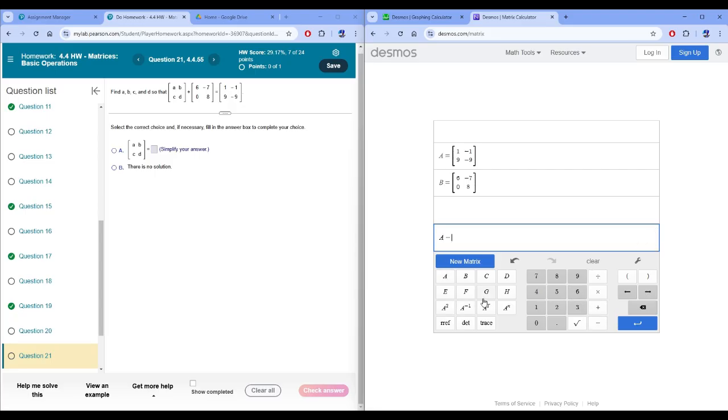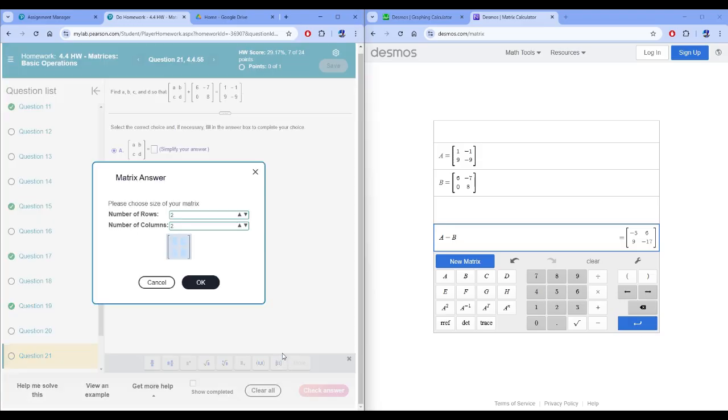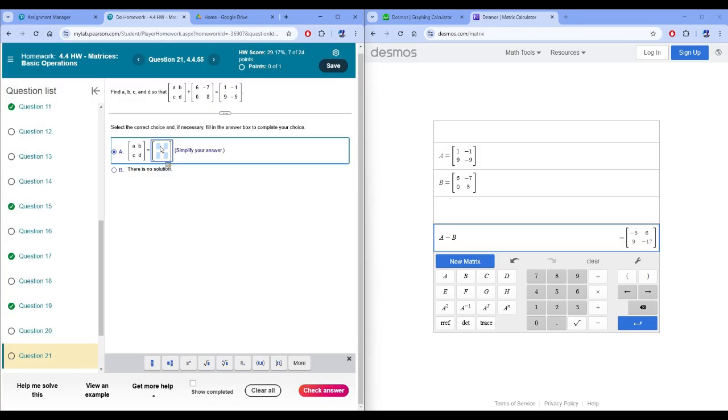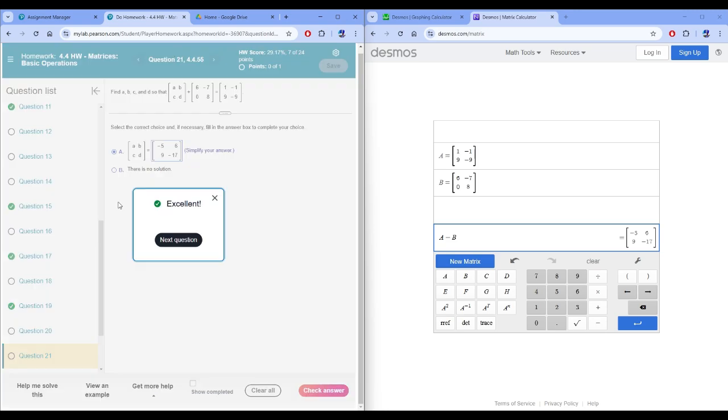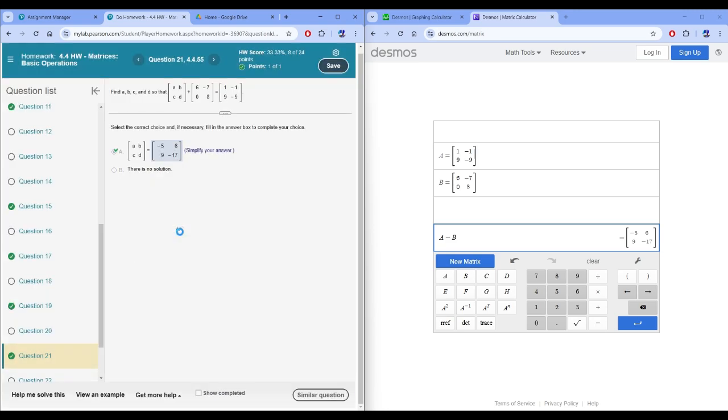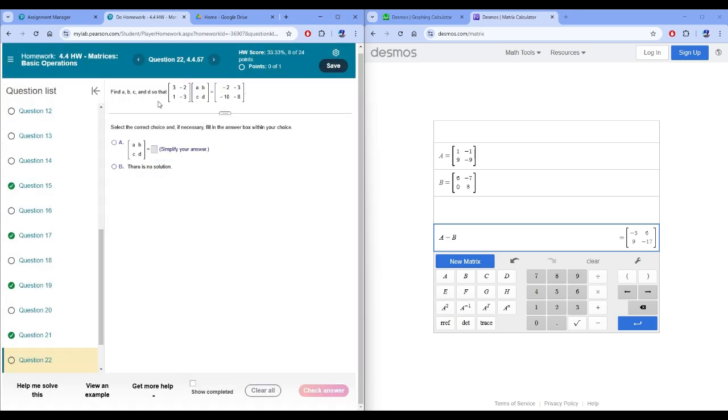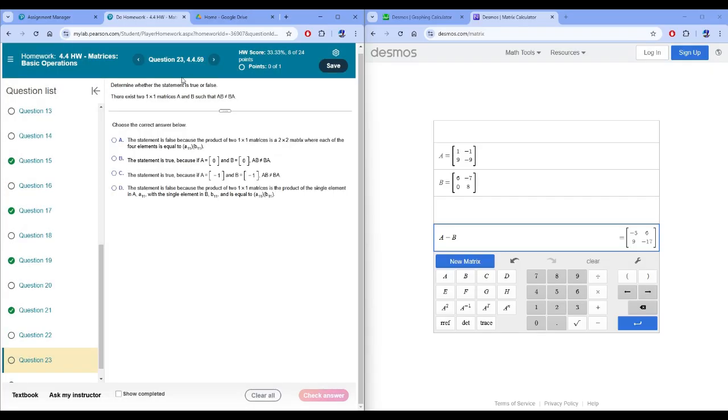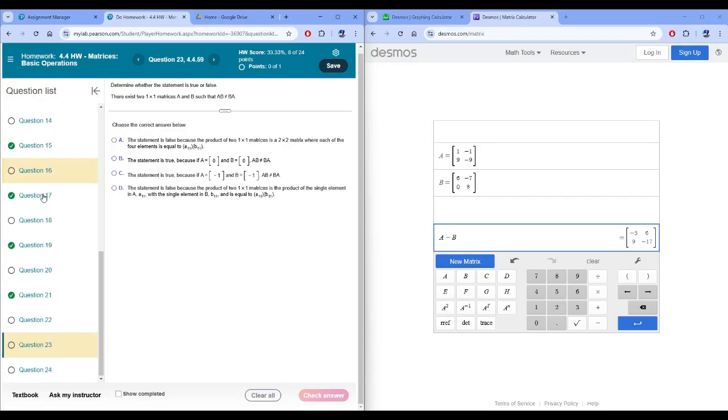A minus B is going to give me C, which is equal to 2 by 2. So that's gonna be -5, 6, 9, -17. Cool. Solving backwards. 22, literally the same exact thing, except take this and divide it by that. Determine whether the statement is true or false.